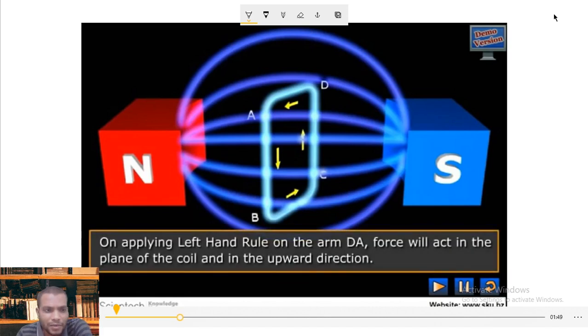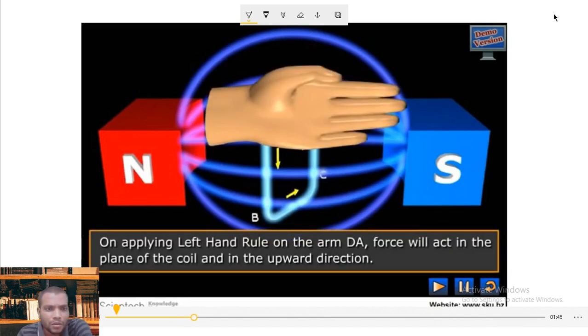Now, given the direction of current and the magnetic field, apply Fleming's left hand rule to the arm DA. The force will act in the plane of the coil in the upward direction. While applying this, consider your right hand as the rectangular coil ABCD and use your left hand fingers to identify the direction of force.